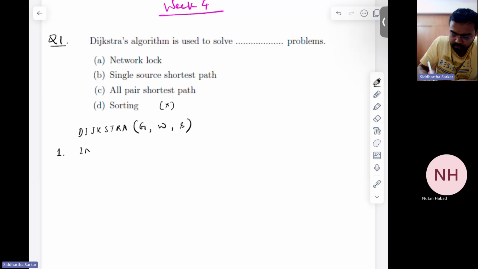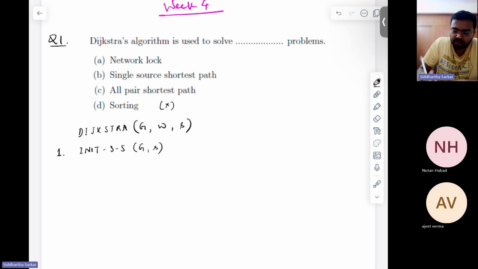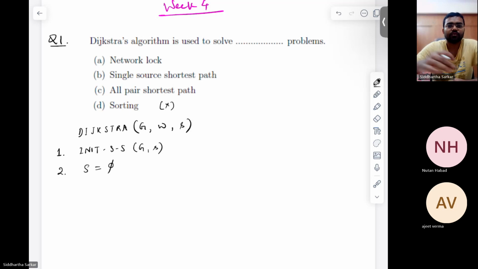So initialize single source. With respect to the graph G and the source S, initialize single source. What does that do? That sets the distance from the source to 0 and the distance to every other vertex to infinity. Then you create this set S and initialize it to the empty set.